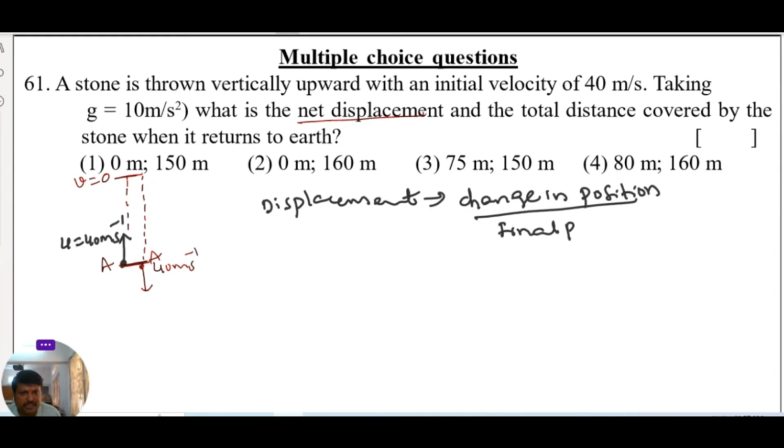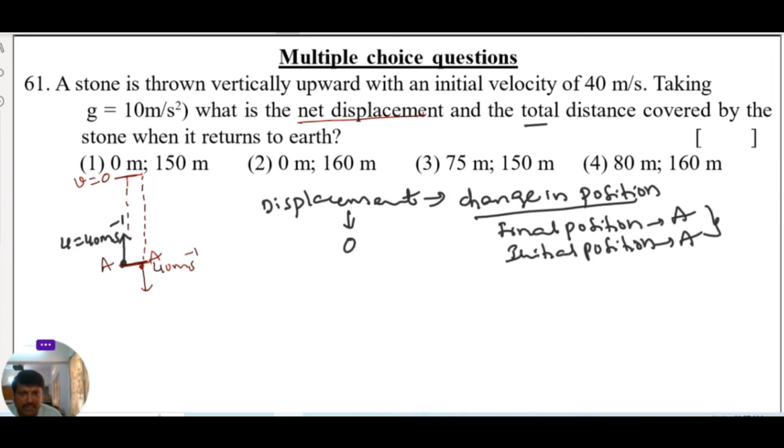Here final position is A and initial position is also A. So there is no change in position. If there is no change in position, displacement is equal to 0. So in option 1 0 is there, in option 2 also 0 is there.